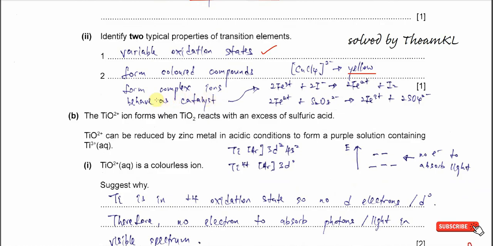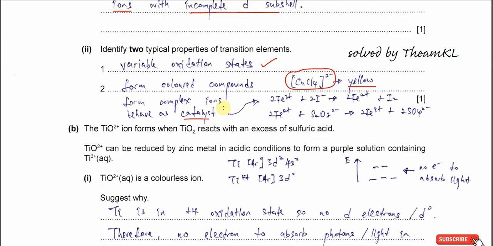Another one is of course the ability to form complex ions like this one. And another one that many of you might not really be able to relate to is the catalyst. The transition elements, sometimes we use as a catalyst. A good example is Fe2+ and Fe3+, used for the reaction between iodide and peroxydisulfate, or persulfate. The Fe3+ will oxidize the iodide to iodine.